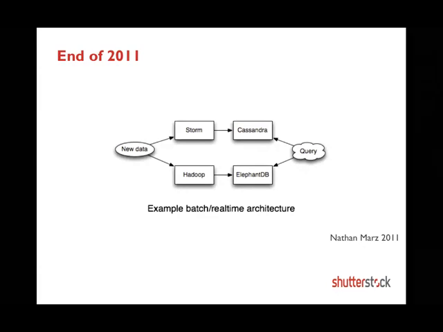That's not necessarily Hadoop globally, but how do you query Hadoop fast enough? It still wasn't there, and as we go forward, we'll see where it is. But even then, you would push data out to something called ElephantDB or another system and have a general query. So you have the streaming, and then underneath, Hadoop.